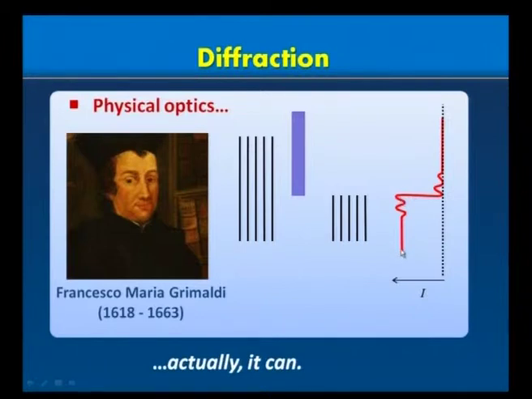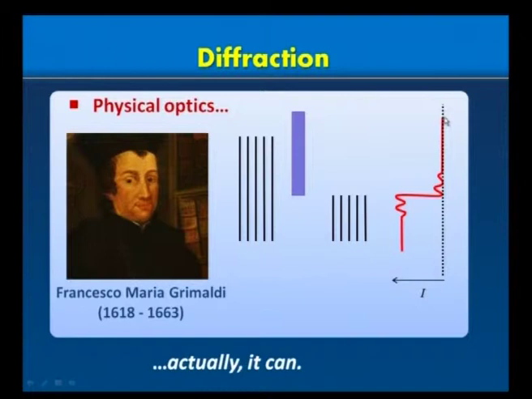The intensity is uniform, and then at the edge it abruptly falls to 0, because light is obstructed by the obstacle. Is that right?